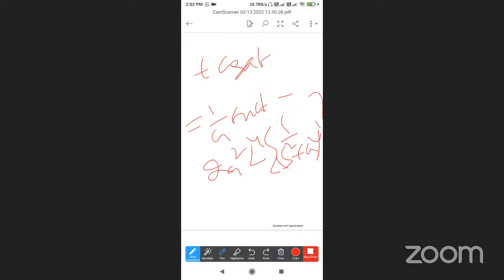We know that 2a square times the inverse Laplace transform of 1 by (s square plus a square) whole square is equal to 1 by a sin at.